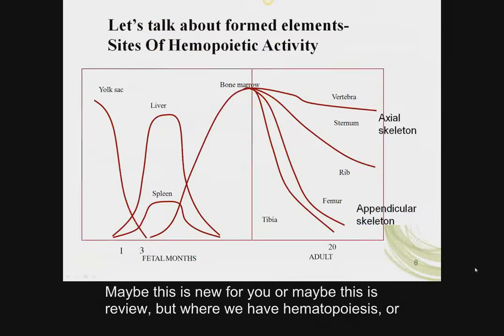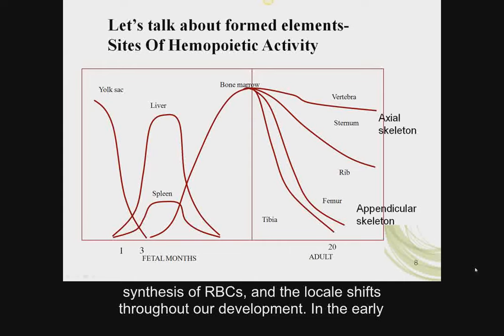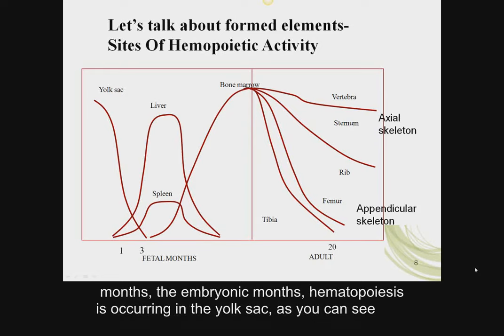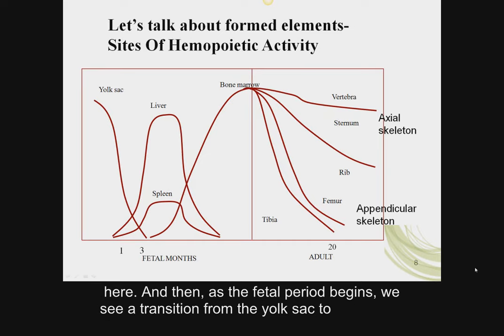Maybe this is new for you, or maybe this is review, but where we have hematopoiesis, or synthesis of red blood cells, specifically erythropoiesis, I should say, the locale shifts throughout our development. In the early embryonic months, hematopoiesis is occurring in the yolk sac, as you can see here.